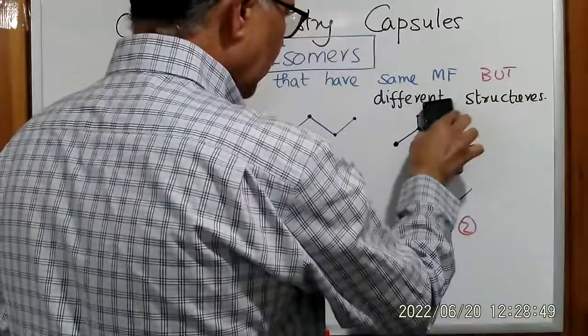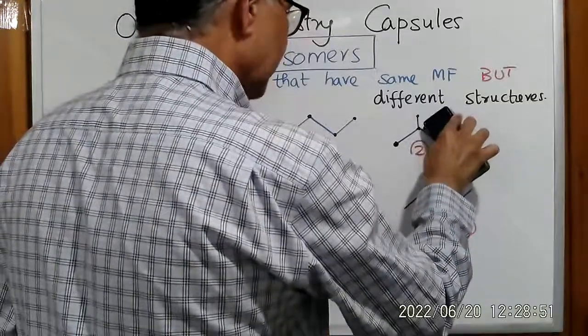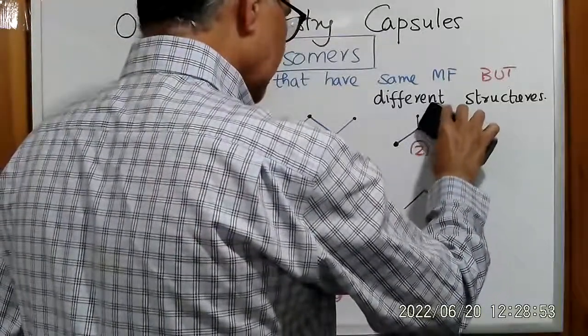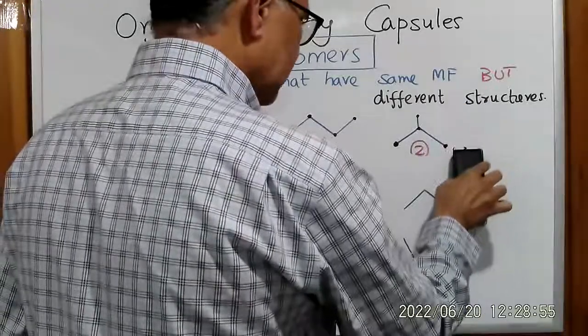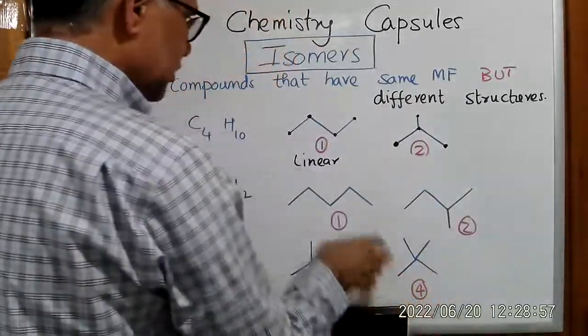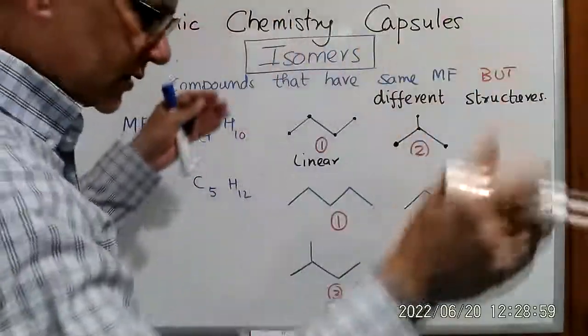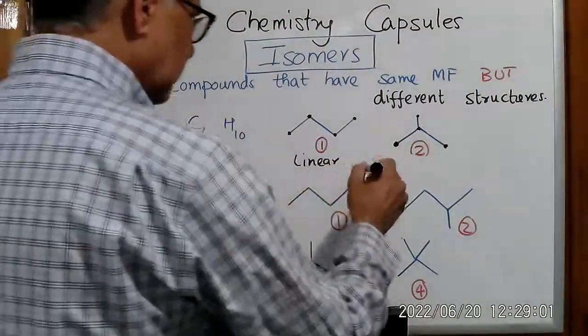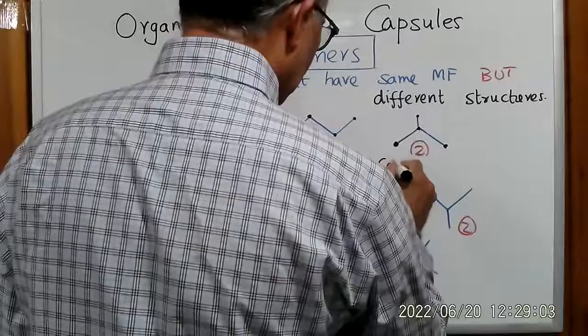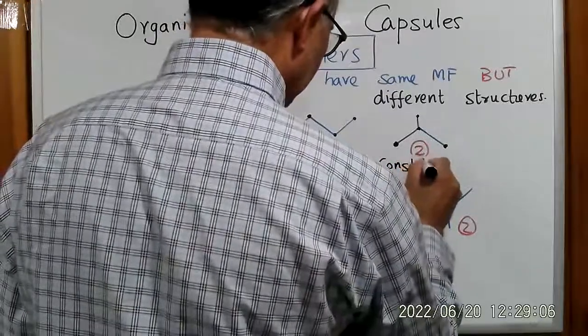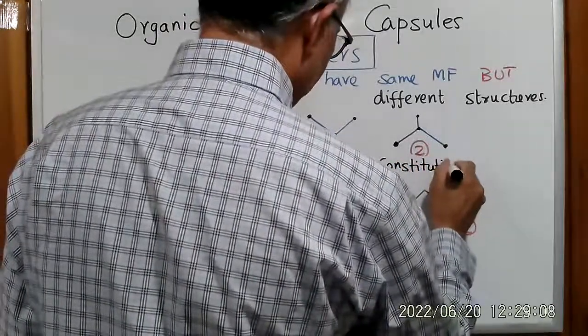Now when you talk about isomers, there are many different types of isomers. We are touching upon only one type in this video. These two compounds are isomers in the broadest sense, but these two compounds are constitutional isomers. Remember there are other types of isomers.